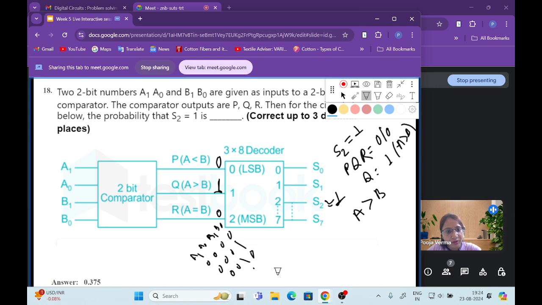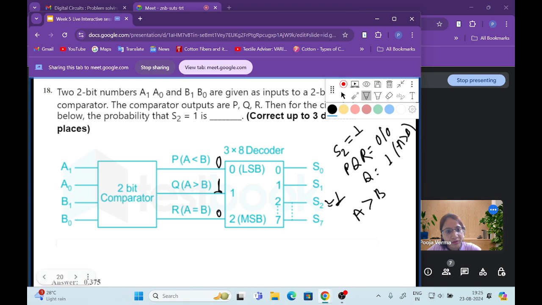So you have to take all the possible combinations, right? Now we have to check A must be greater than B. Okay, so we can directly check it from here. The other way, you can make that truth table and check from there. I think you have understood. If you do not understand, then I will go through the whole process.